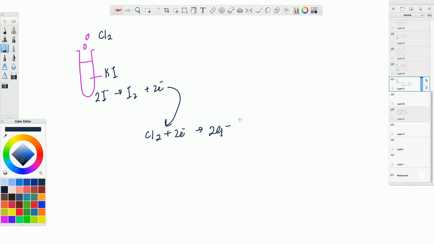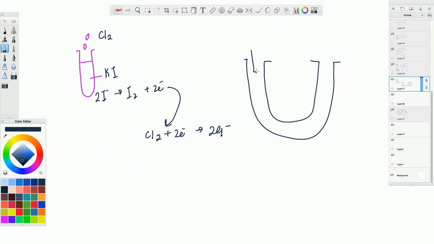So what you can do is you can also take these two chemicals and separate them into a U-tube. Here you put a carbon electrode, here you put another carbon electrode, put a galvanometer. Here put sulfuric acid.